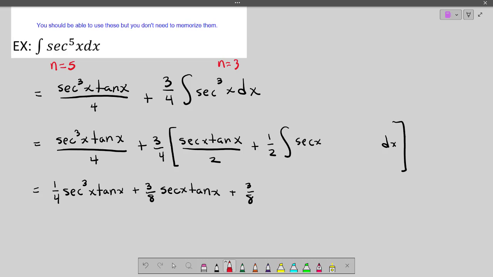Does anyone remember the form of 1 that we multiplied top and bottom by in this situation? Tangent. Not just tangent.